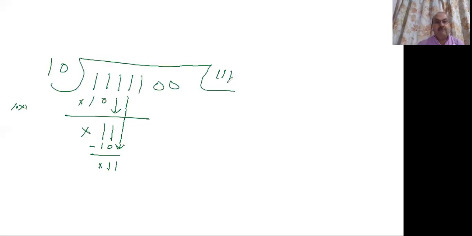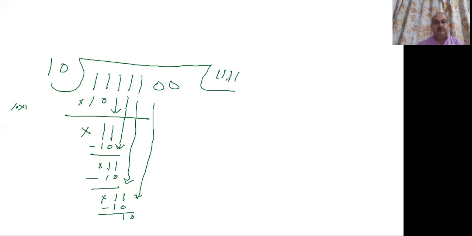Again it will go 1 time. 10 minus, again 1 is left. Now we carry this 1. Again 10, again 1. We carry this 0 down. 1 time, 10. Now what is left is this 0.